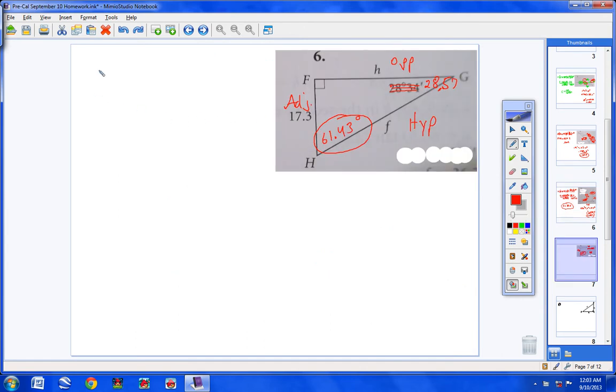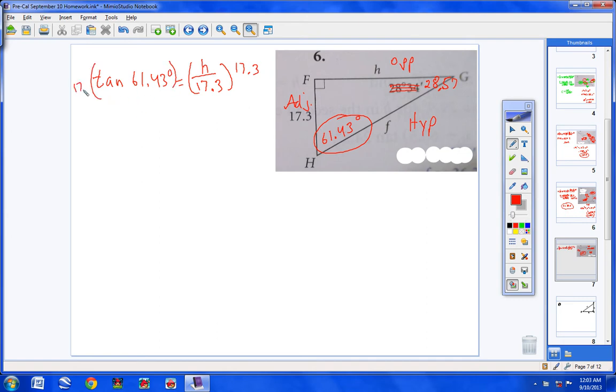Now I'm going to use tangent this time for no certain reason. So the tangent of 61.43 degrees equals opposite over adjacent. So opposite is h, adjacent is 17.3. Now, I don't like my fractions. My bottom, or my denominator, is 17.3, so I'm going to multiply one side by 17.3.